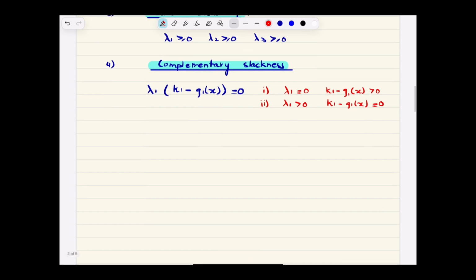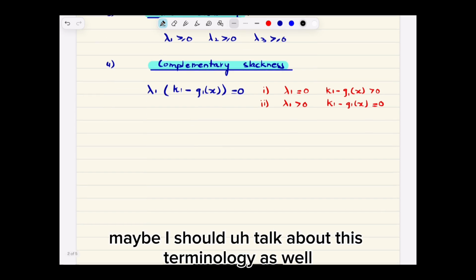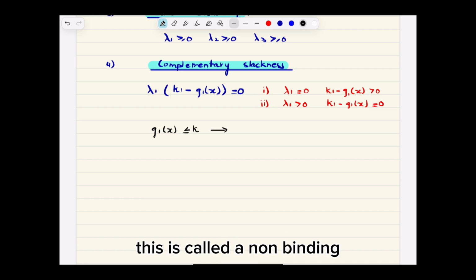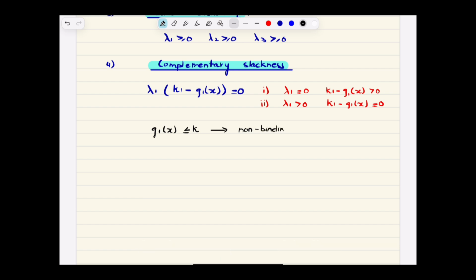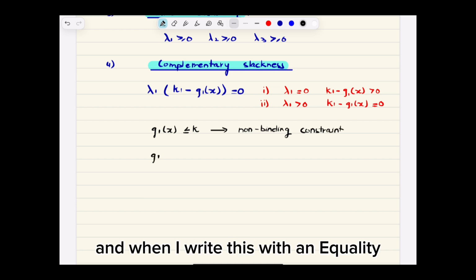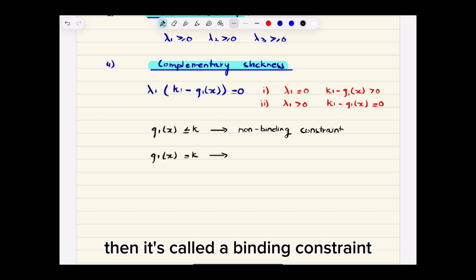Actually, maybe I should talk about this terminology as well. If we write g1(x) is less than or equal to k, this is called a non-binding constraint. And when I write this with an equality, then it's called a binding constraint.